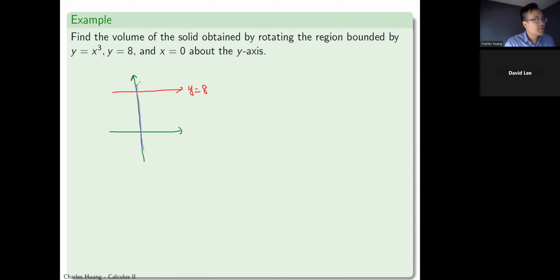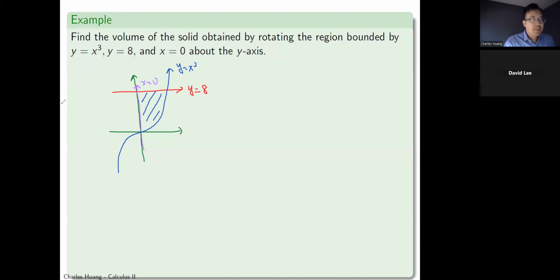This is x equal to 0. And then y equal to x cubed looks like this. And the region that we have is this region over here.